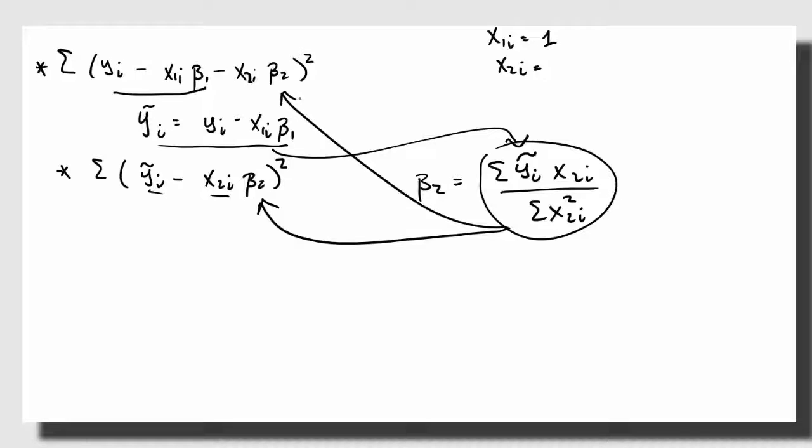And if you want to, you can fill in the rest of the details. What it works out to be, and this is the interesting part, is that the regression slope for beta 1 is exactly what you would obtain if you took the residual of x2 out of x1 and x2 out of y, and then just did regression through the origin.